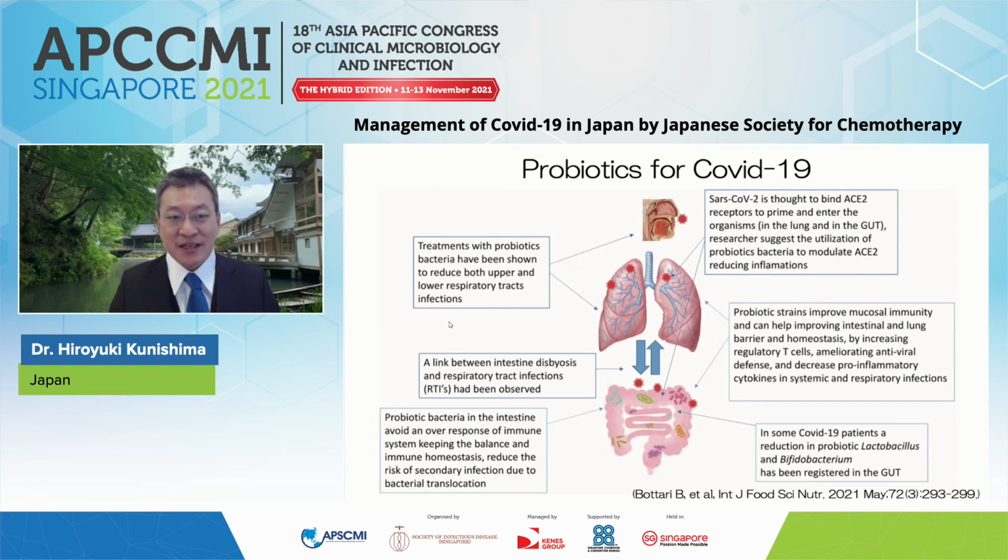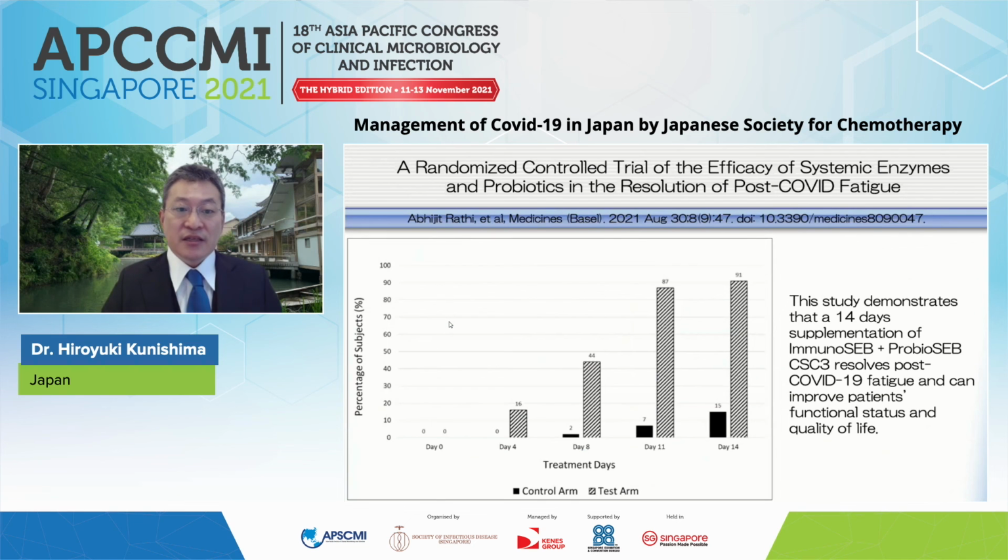It has been suggested that COVID-19 is also related to gut microbes, and it is expected that probiotics will be used. There are currently many clinical trials of probiotics for COVID-19. For example, in a clinical trial for long COVID, it has been reported that there was a significant improvement compared to the placebo group.